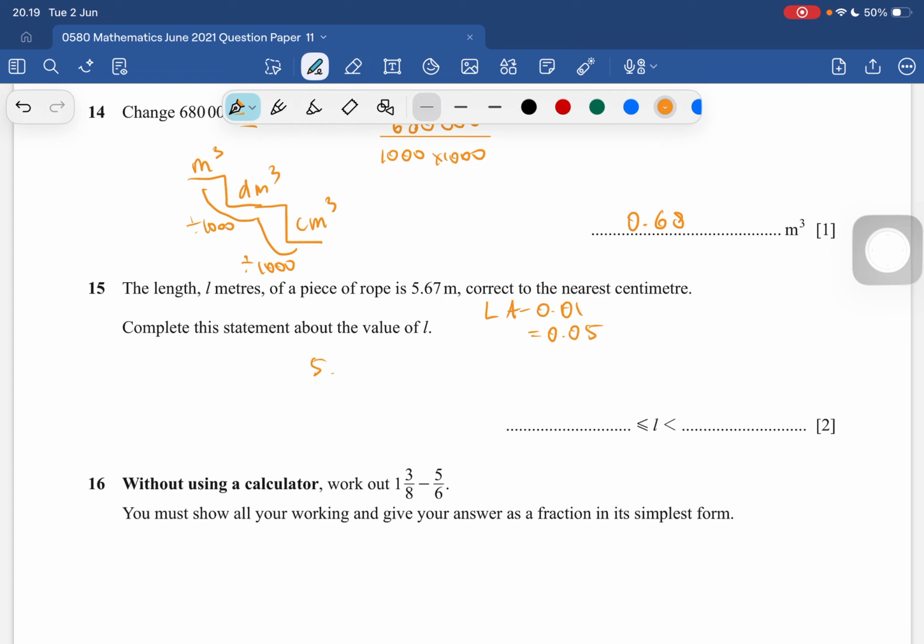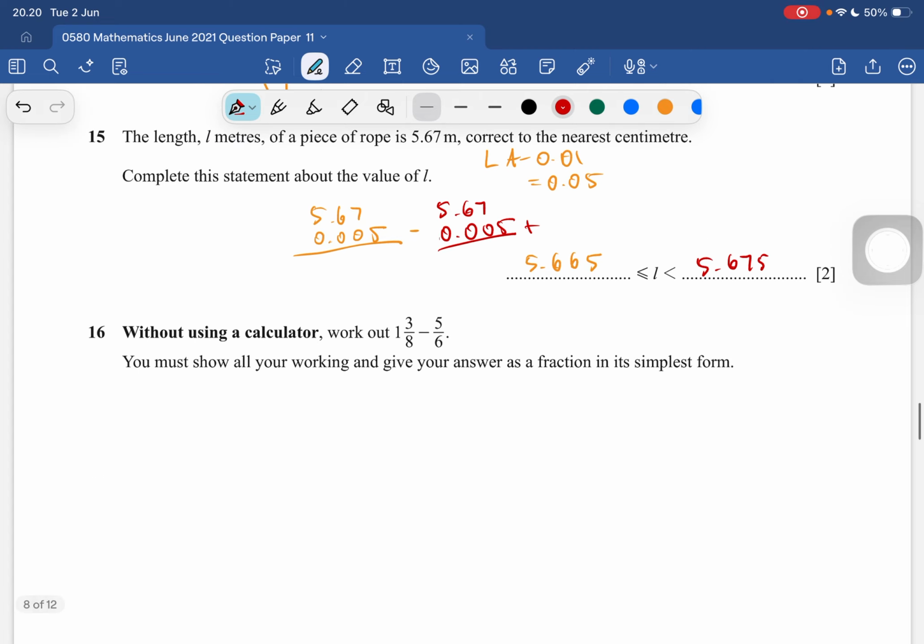So 5.67, we minus 0.005, and we get 5.665 as the lower limit, while the maximum limit is going to be 5.67 plus 0.005, so we get the answer of 5.675.